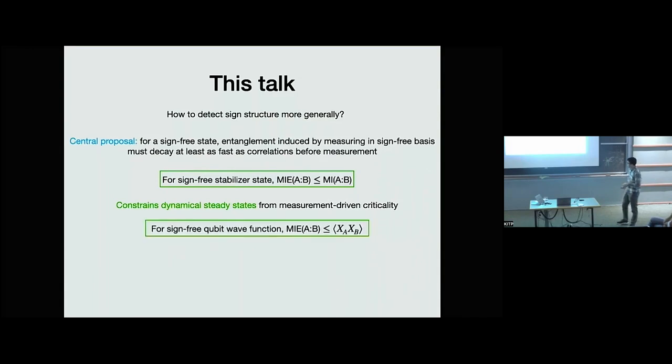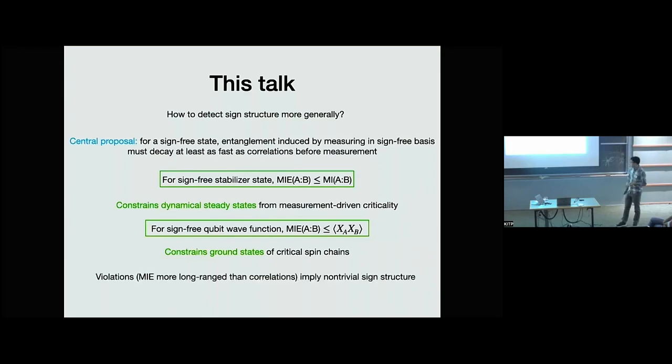And furthermore, we can show that for a sign-free qubit wave function, if A and B are two qubits, then the measurement-induced entanglement is upper bounded by a simple two-point correlation function. And this allows us to constrain the ground state of critical Hamiltonians. In contrast, if we see violations of these bounds, then they're direct signatures of non-trivial sign structure of the thing we're probing. And I'll give you some examples of that.